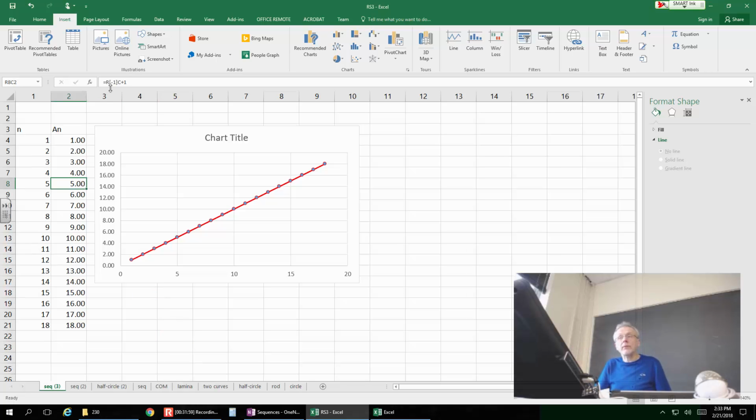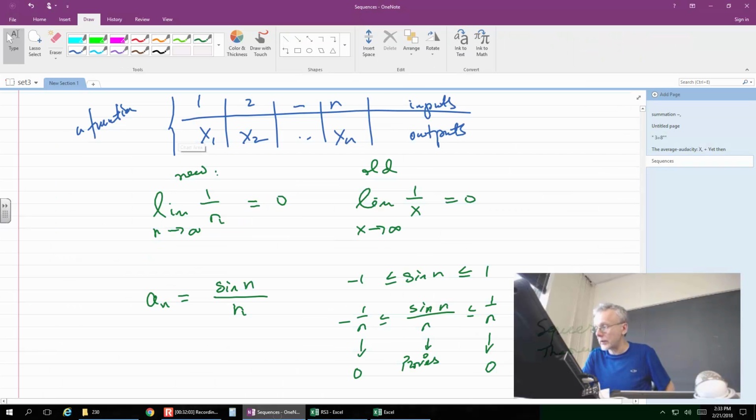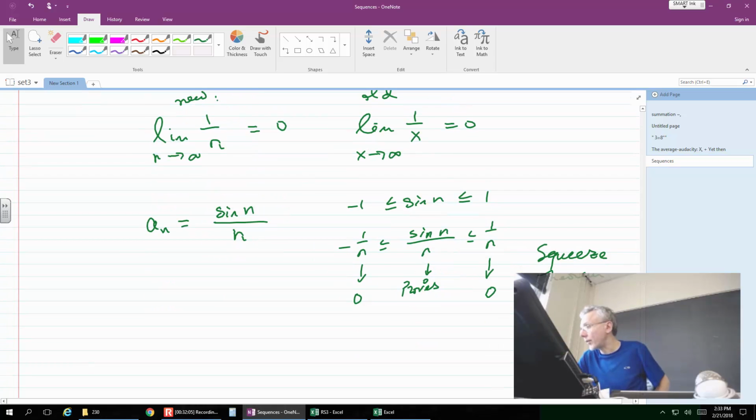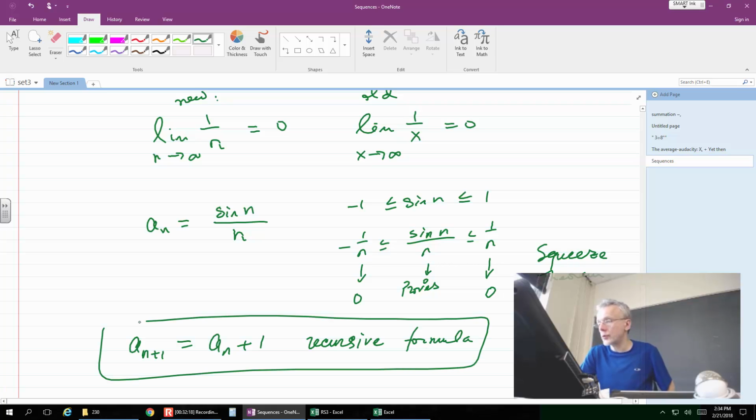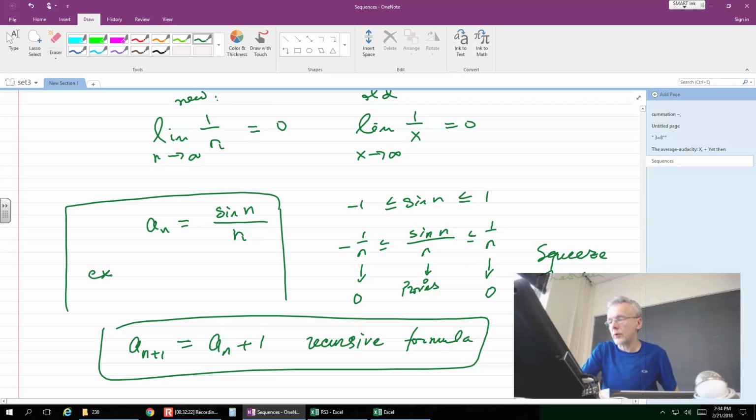Once again, if you look at the formula, every time I'm simply adding 1 to this thing. So an plus 1 is equal to an plus 1, that's how we usually write it. So that's the recursive formula, as opposed to this one, which is the explicit formula.